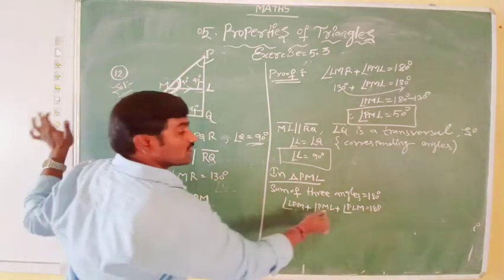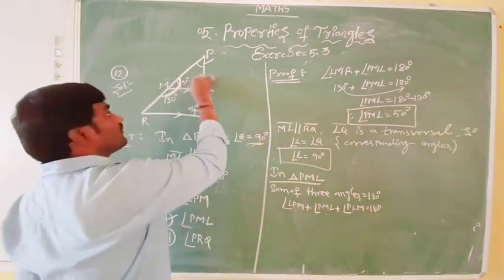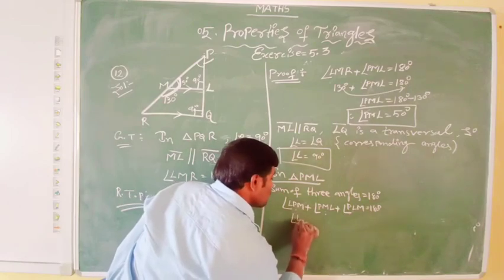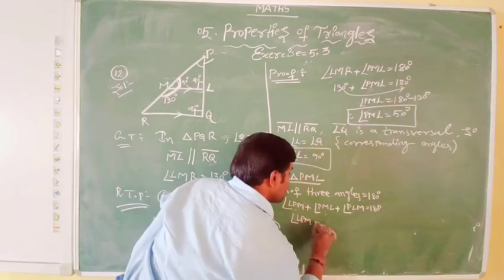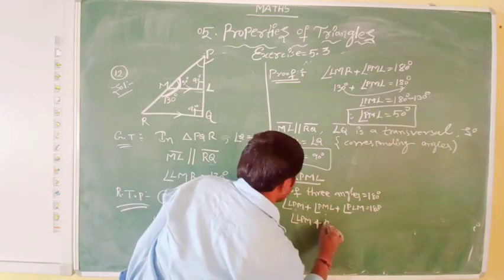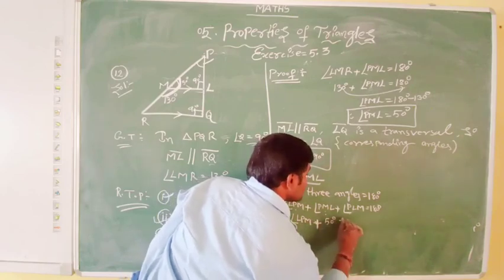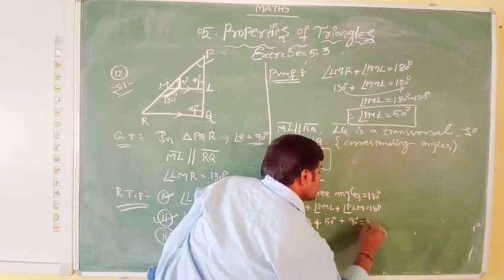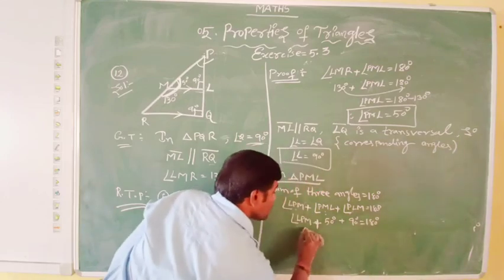So this we need to find; these two are already given, 50 degrees and 90 degrees. Angle LPM plus M is 50 degrees plus L is 90 degrees, equal to 180 degrees.